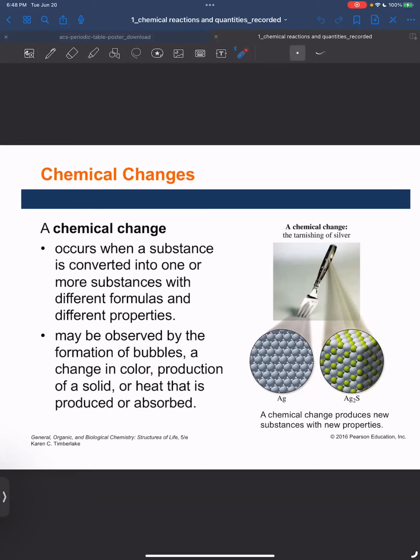Here's another example. If you have silverware that's made of silver, or even jewelry that's made of silver, then it can tarnish over time to form silver sulfide. And so when you see, for example, a substance change formulas, then a chemical change has occurred to produce the new substance.